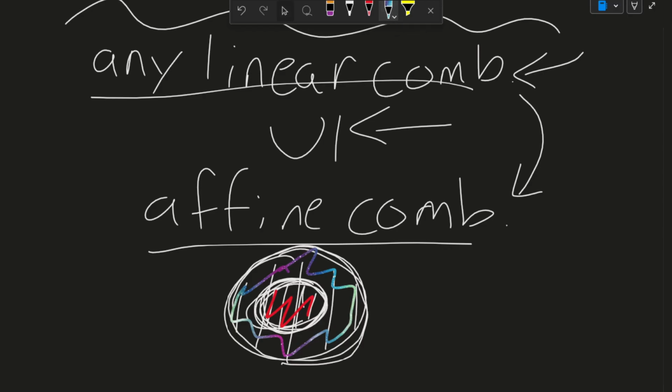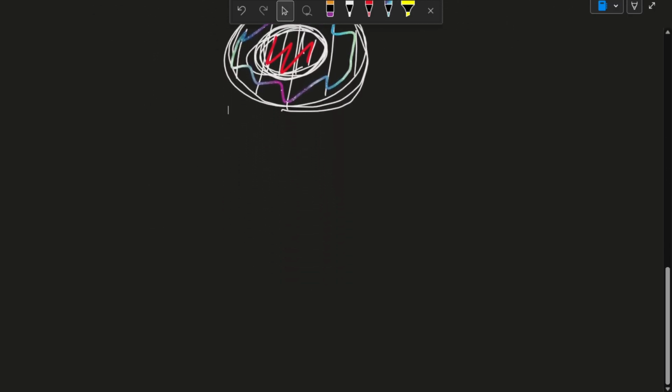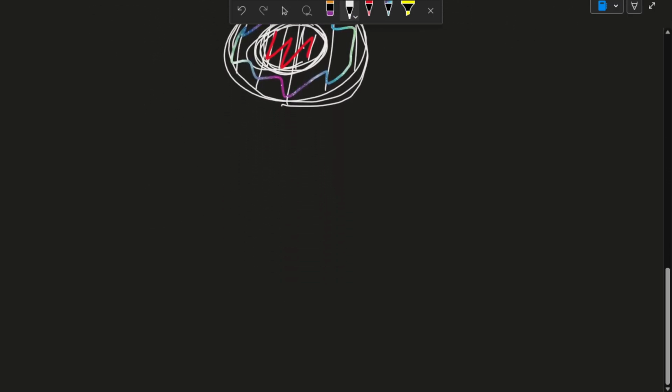And so basically affine, just from the way we're thinking, right, I guess just to clarify, yes, affine combinations are more constrained.